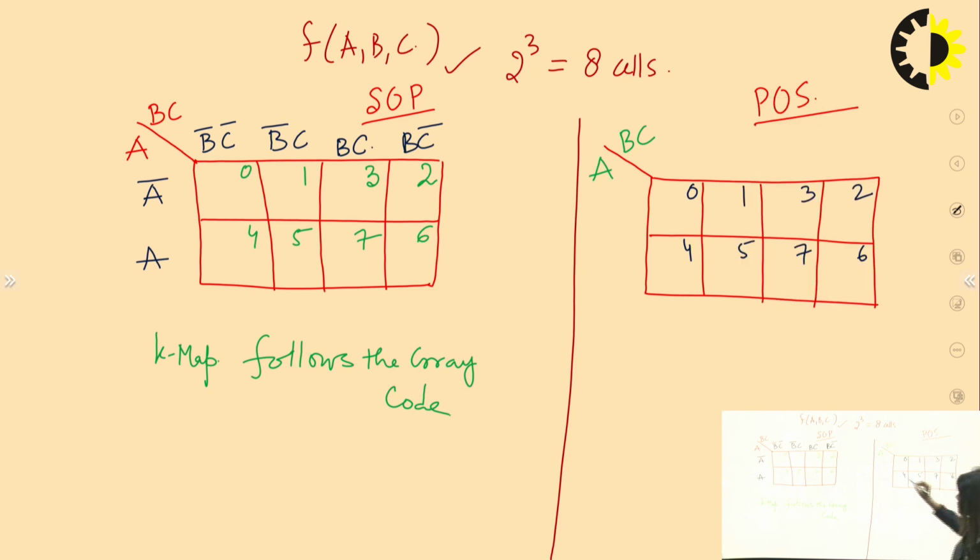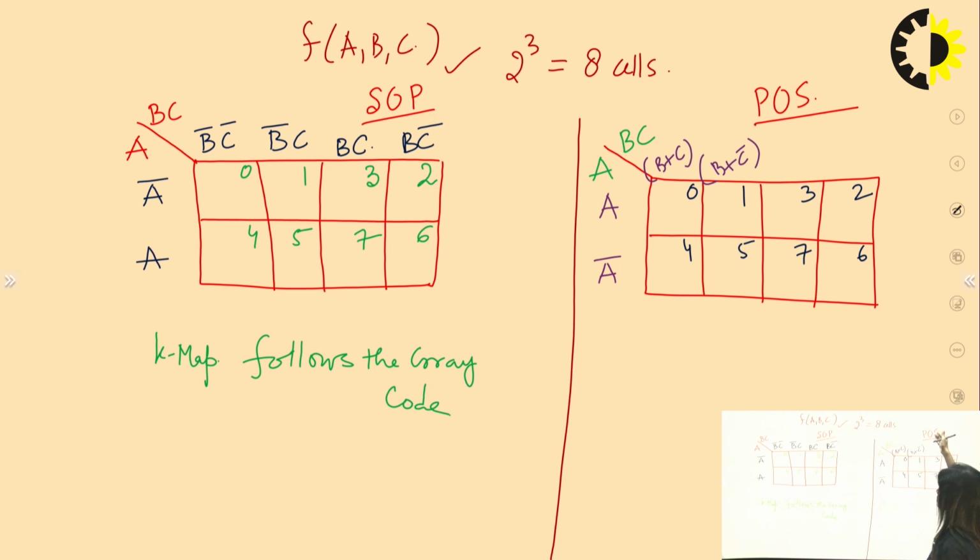Here I will write: see, this row belongs to A and this row belongs to A bar. De Morgan of A is A bar, De Morgan of A bar is A, De Morgan of B bar, C bar is B plus C. And here it is B plus C bar.